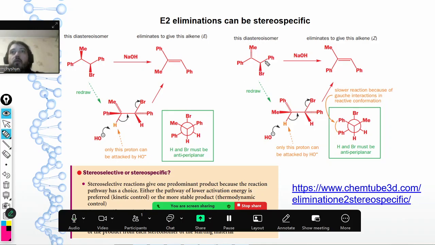The difference between these two reactions, we have different stereoisomers. So here this methyl group is coming towards us, so it's on one side with the bromine, and this methyl group is going into the plane of the page, so they are on different sides with the bromine group. So that's what we have.